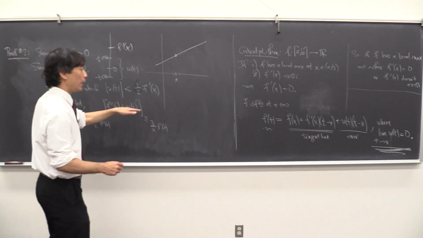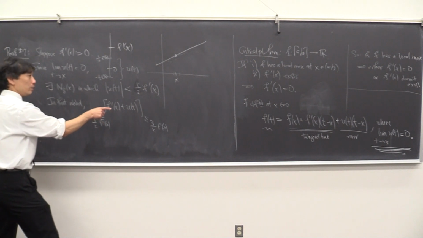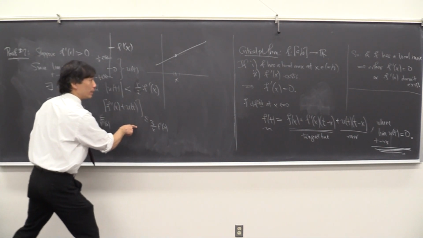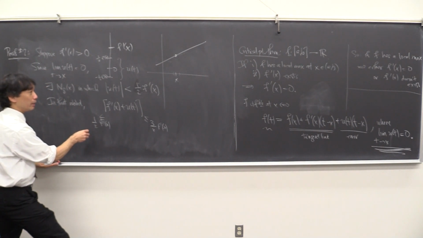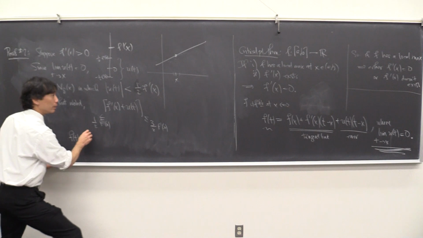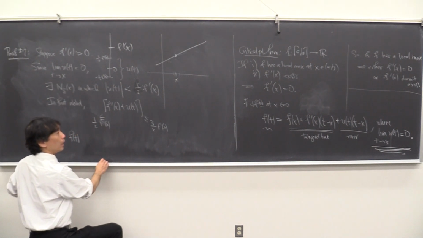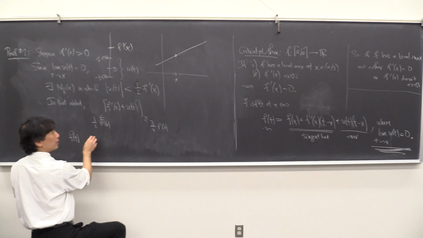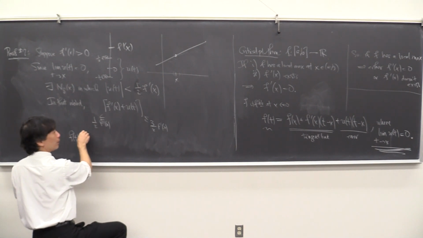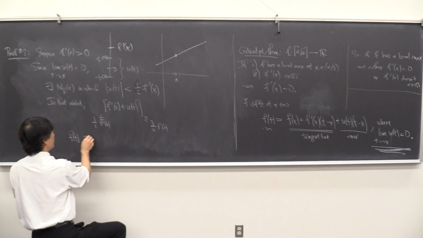So now in that neighborhood, this is trapped between here. And so what does that tell you? That tells you that f of t, let me write it this way.